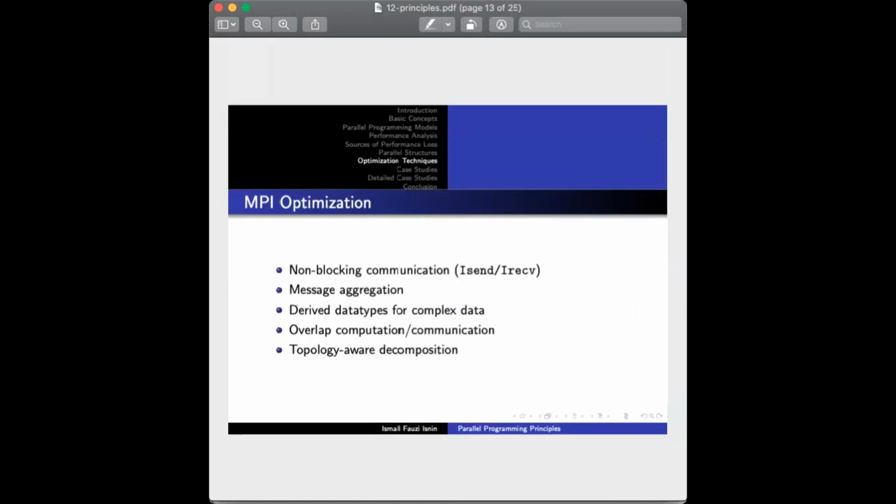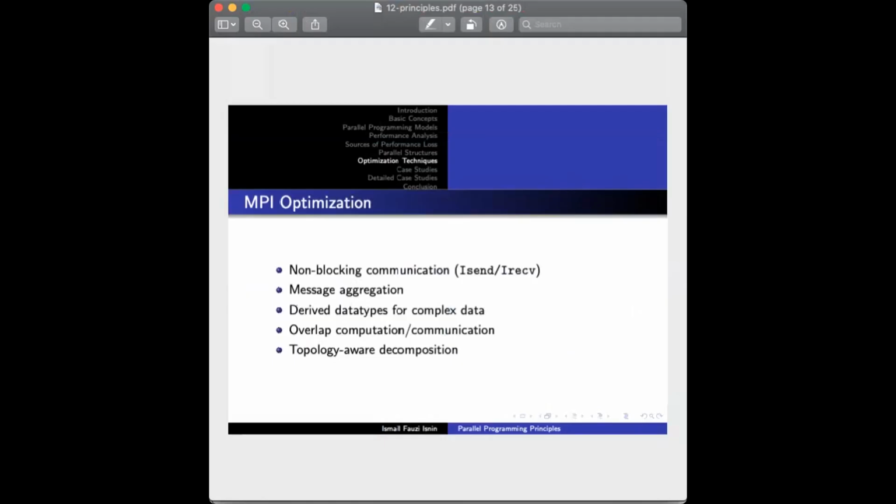Second, use message aggregation to bundle multiple small variables into a single large network transmission to reduce latency penalties. Third, design MPI derived data types to package and send complex, non-contiguous data structures efficiently.